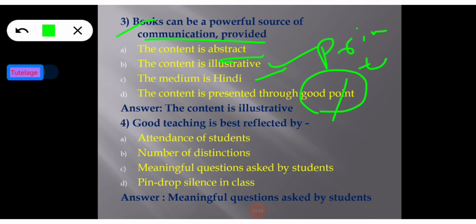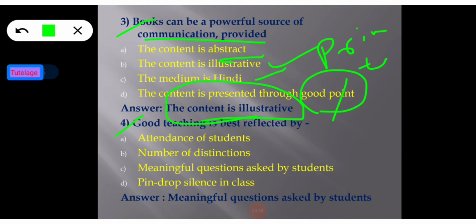Okay, so obviously books can be a powerful source of communication when they provide illustrative content. So obviously that the content is illustrative is the most appropriate answer for this question. Okay, so now move on to the next question.